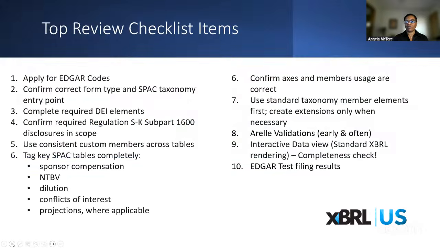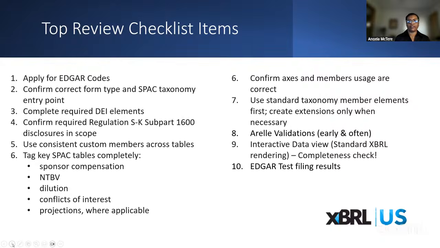Okay, so I know that we are at the top of the hour. I apologize. So I'm not going to go through every single item in this review and checklist, but just as a precaution, some items that you want to take into consideration when you're planning for your SPAC transactions, definitely applying for your EDGAR codes. You want to make sure that you're doing that as early as possible.